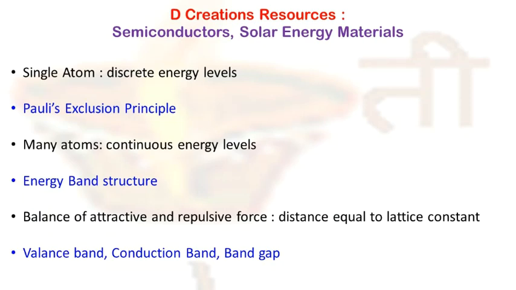According to Pauli's exclusion principle, no two electrons can have the same quantum numbers. That means a single energy level cannot occupy more than 2 electrons.